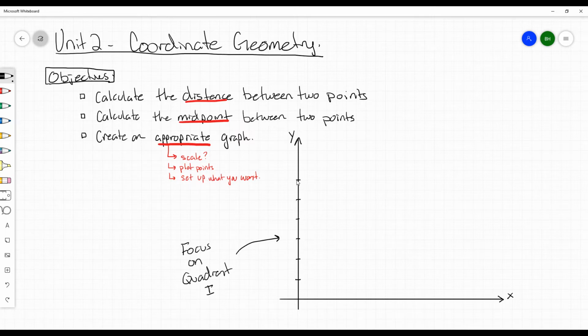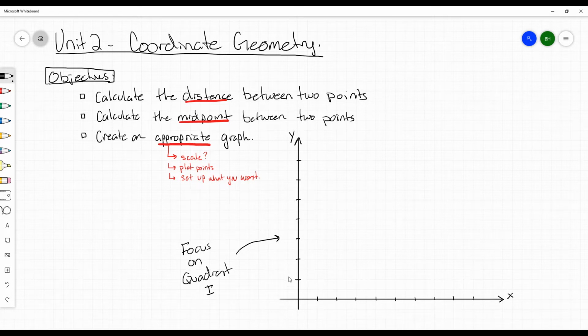And in this graph, I'm going to go ahead and use on my whiteboard application, every two boxes down here, every two spaces will stand for one integer value on each of my axes. So I'm going to make sure that I'm scaling this appropriately, which means every dash in my graph is evenly spaced.